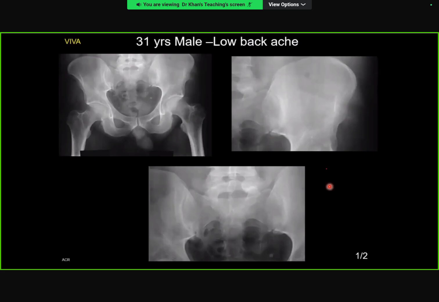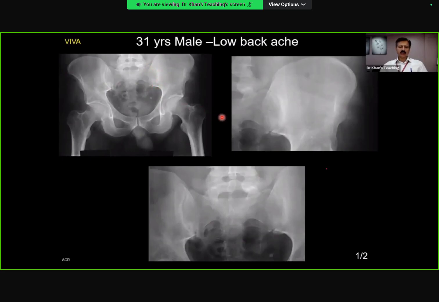That's the frontal projection of the hip joint, and the cone view of the left sacral region, in which, yes, I can see there is a sclerosis of the left sided sacroiliac joint. Okay, you have picked up sacroiliitis, bilateral asymmetrical, more marked on the left side.